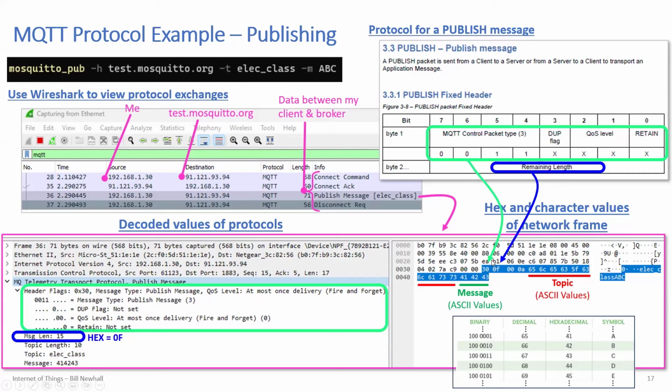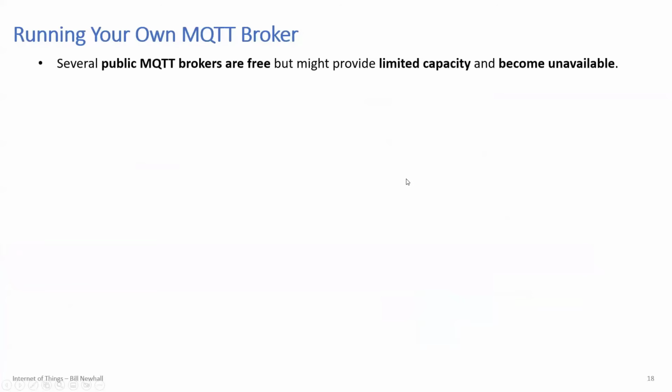Okay, all right, so you can actually run your own MQTT brokers. There are several public brokers on the web, but some of them have limited capacity. They give you limited throughput and maybe a limited amount of messaging. And sometimes they become unavailable for some reason.